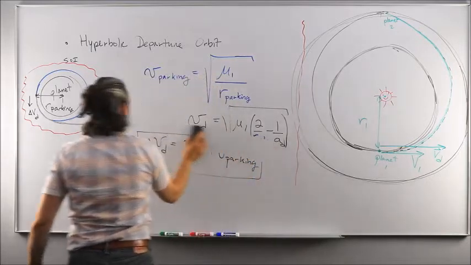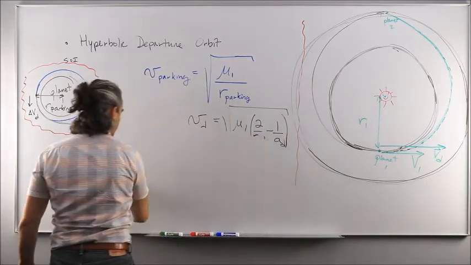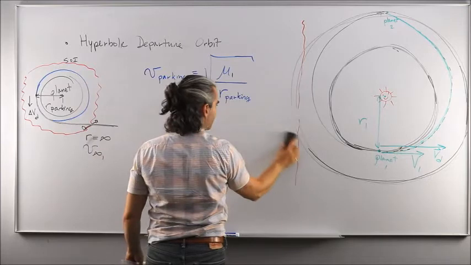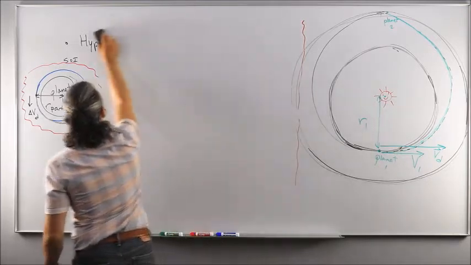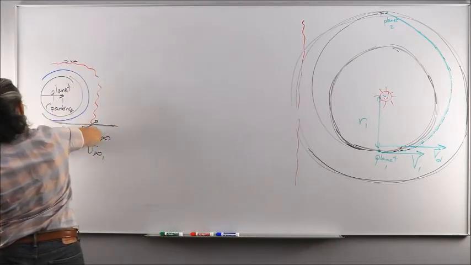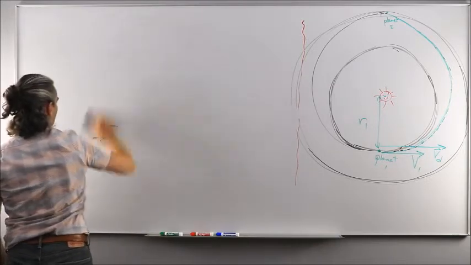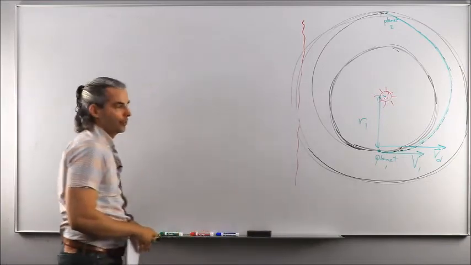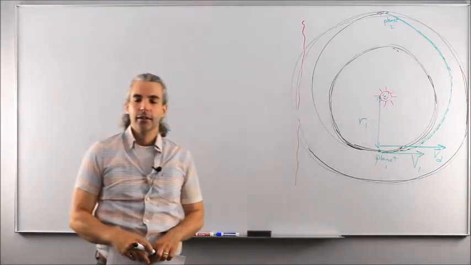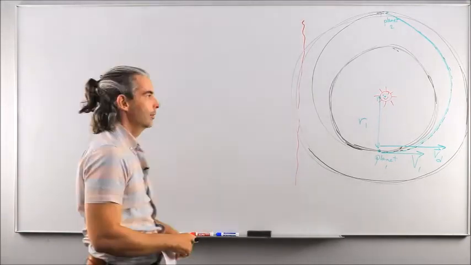So if you want to put yourself onto an orbit around planet 2 and stay there, which is a typical situation, you need to apply a second delta V maneuver. Okay? That second delta V maneuver is known as the capture maneuver upon arrival.